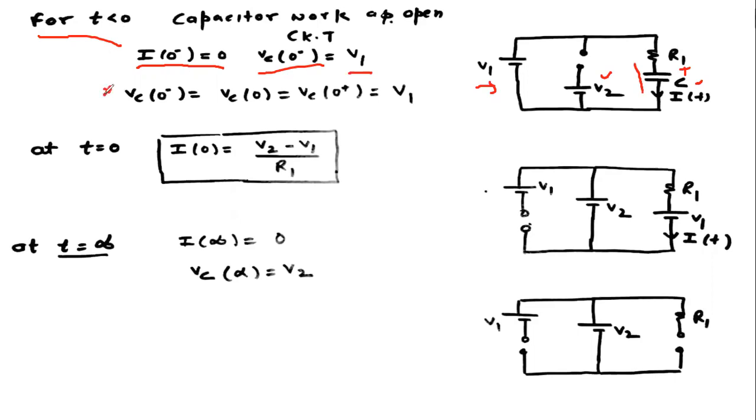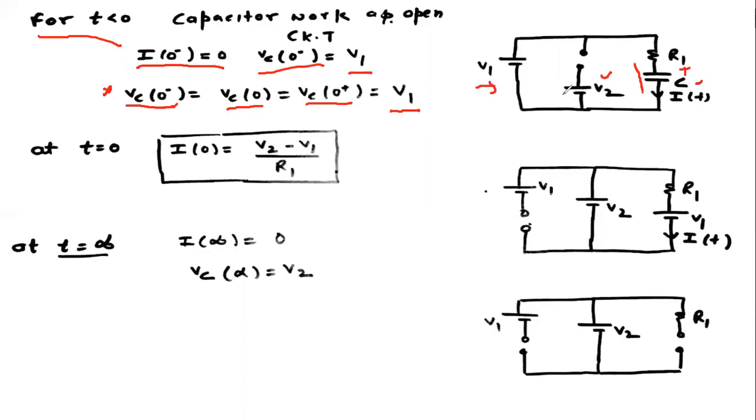We have said that the capacitor voltage does not change instantaneously. So vC(0 minus) is equal to vC(0) and equal to vC(0 plus), because the capacitor voltage remains constant in the switching condition. So the value of vC(0) is V1.